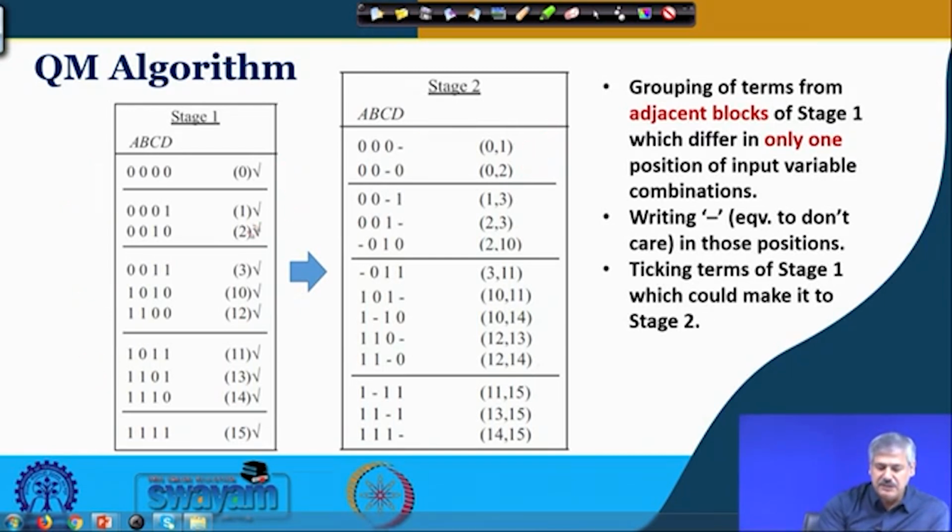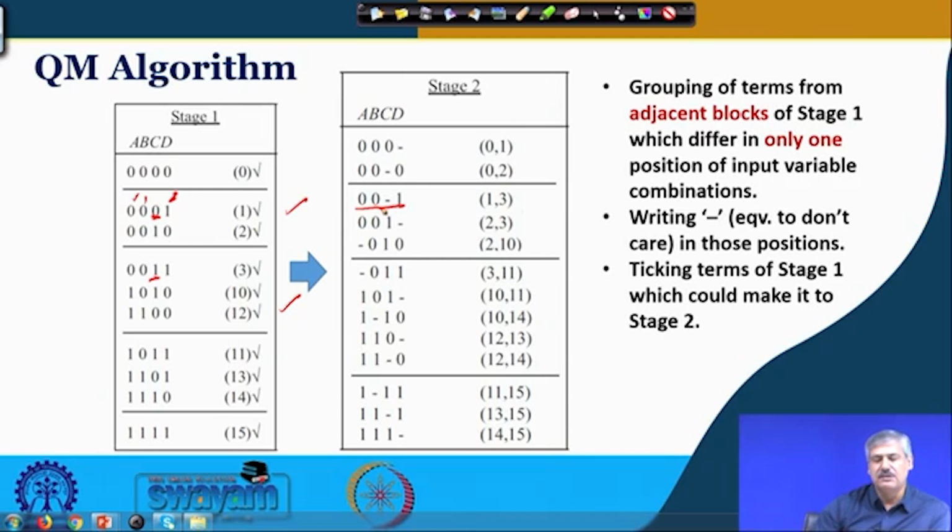Now, we look at whether this block and this block can be combined and what are the different possible ways. And for that we see this 1 can be combined with 3, because A, B and D are having values 0, 0, 1 respectively. Only C is changing from 0 to 1 over here. So, we write 0, 0, dash, 1 in this particular case.